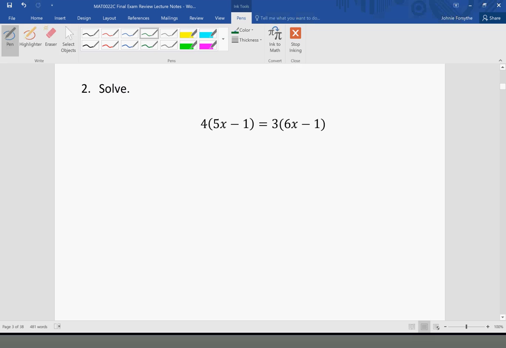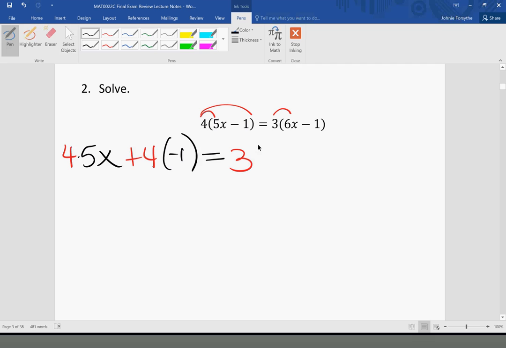So we have 4 times (5x minus 1) equals 3 times (6x minus 1). So we're going to distribute the 4 on the left-hand side. So we have 4 times 5x, and then a positive 4 times negative 1, equals, and then distribute this 3.